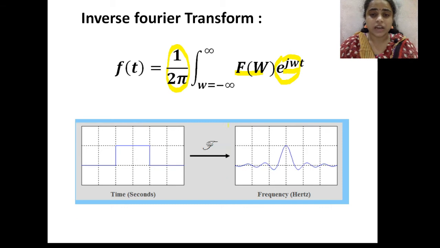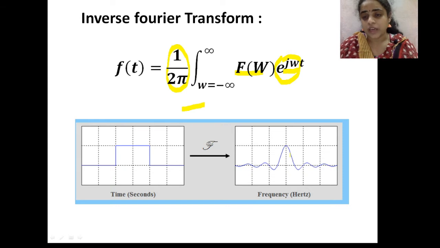This is the graphical representation of Fourier transform. If you see, this is a rectangular pulse in time domain. Suppose this is f of t. This will be capital F of omega. The Fourier transform of the rectangular pulse will be like this. This waveform is nothing but the sinc waveform.